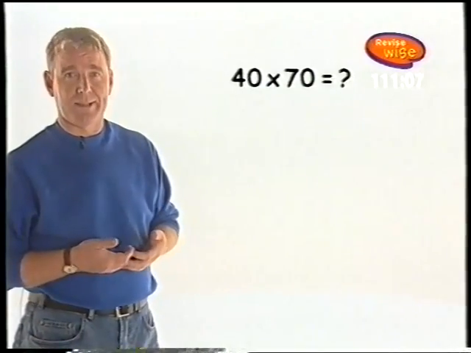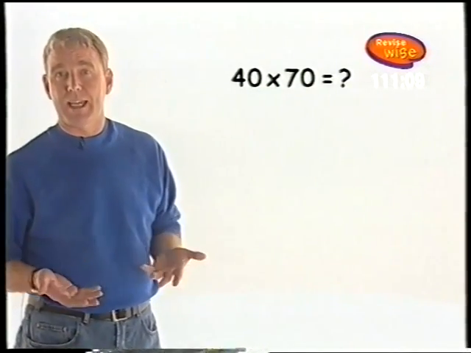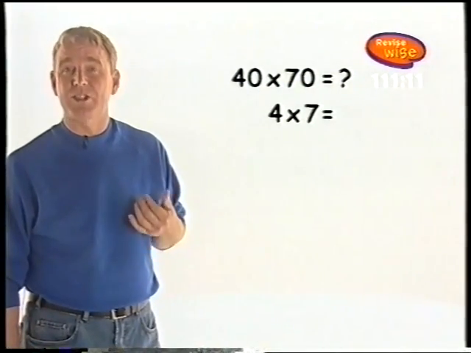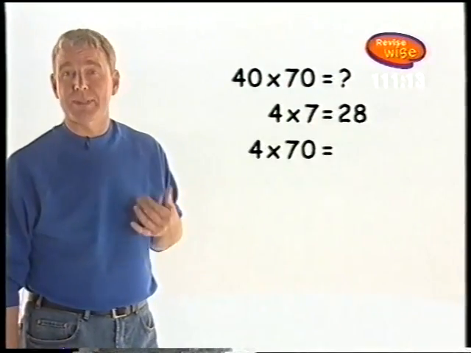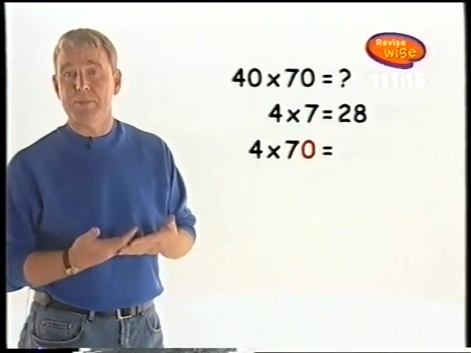Once you're sure about your tables, you can use them to help with any multiplication problem. Have a look at this one. What's 40 times 70? Well, we know from our times tables that 4 times 7 is 28. 4 times 70 is going to be 10 times bigger.